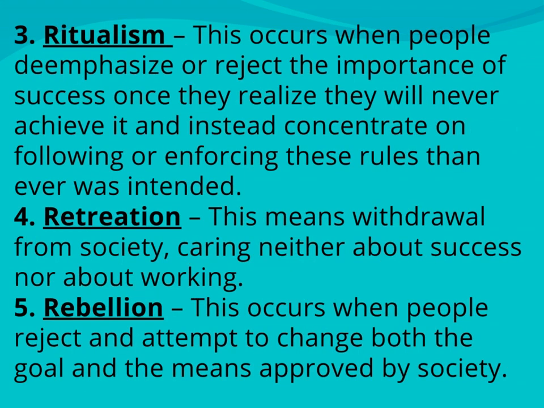Ritualism occurs when people de-emphasize or reject the importance of success once they realize they will never achieve it and instead concentrate on following or enforcing rules more than was ever intended. Retreatism means withdrawal from society, caring neither about success nor about working. And rebellion occurs when people reject and attempt to change both the goal and the means approved by society.